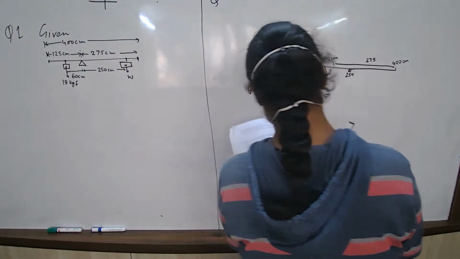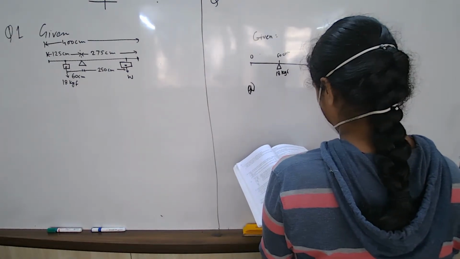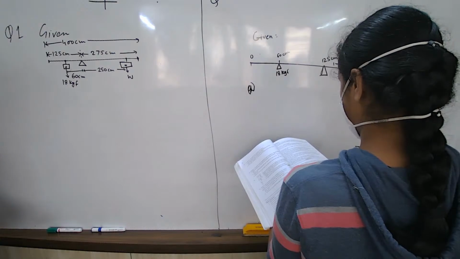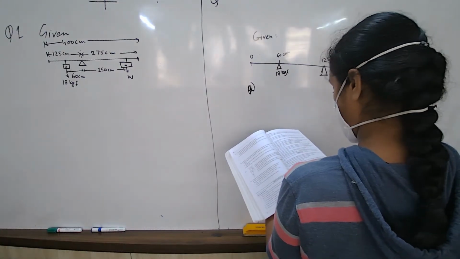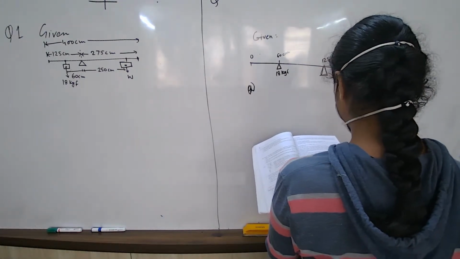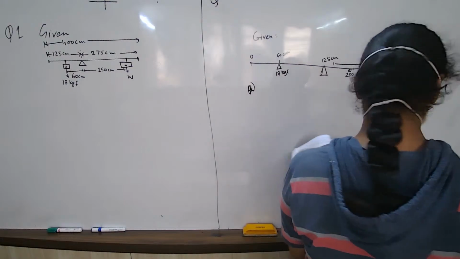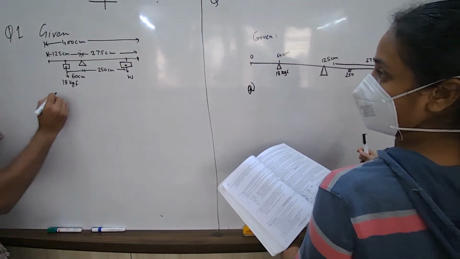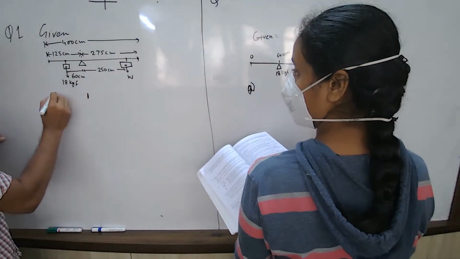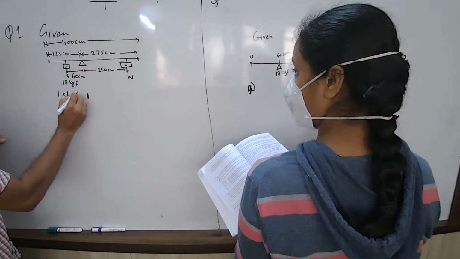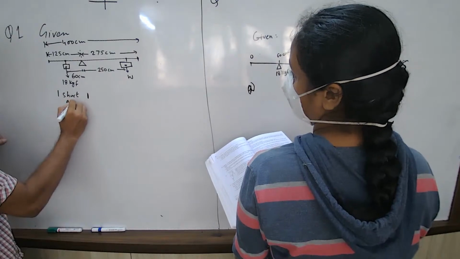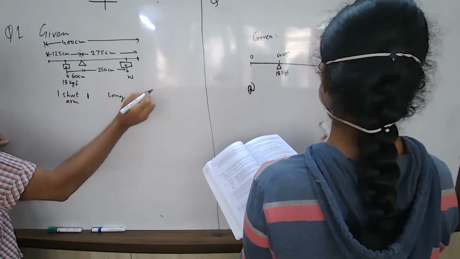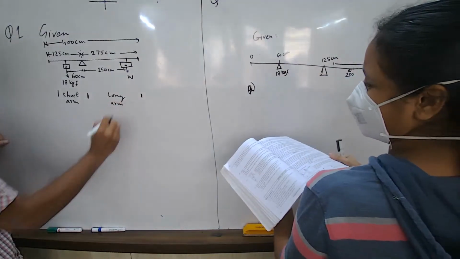A weight W is placed 250 centimeter from the support on the longer arm. So which is longer and which is shorter? Left of support is shorter, and this is short arm, right? And this is long arm, right? Your diagram is correct. ठीक है. Next.